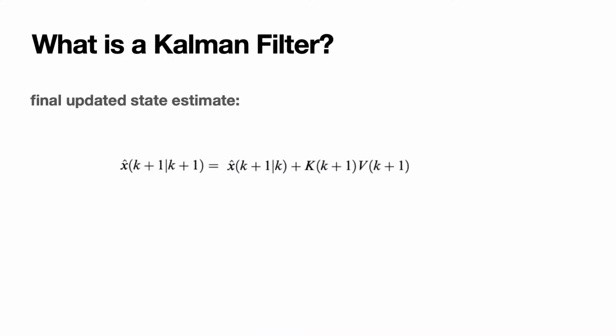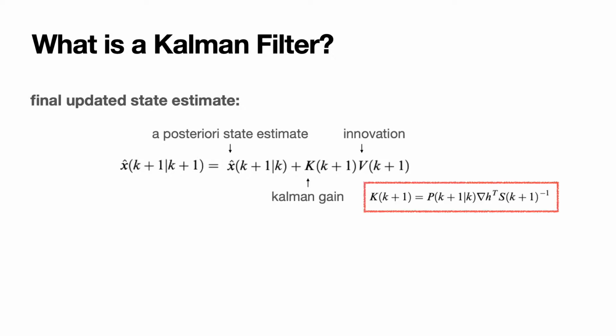Now let's get to our finally updated state estimate. This can be calculated again with all previous formulas, and we are taking our a posteriori state estimate and adding it to our weighted innovation, and our weight is defined by our Kalman gain.